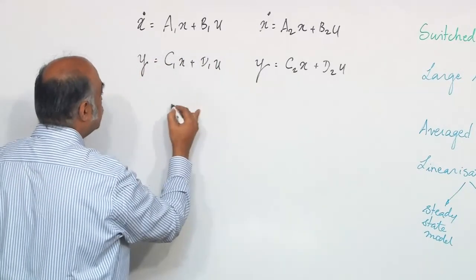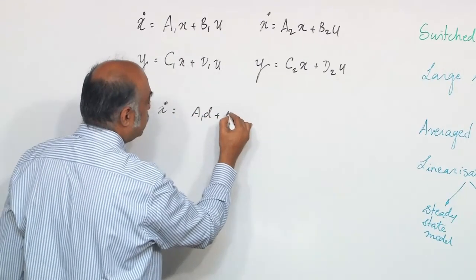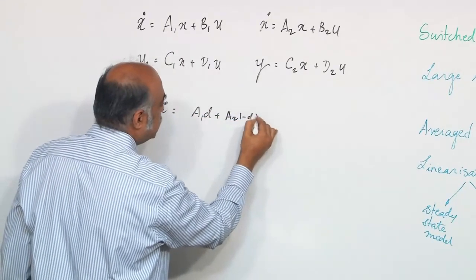So you will get x dot is equal to A1d plus A2 times 1 minus d.